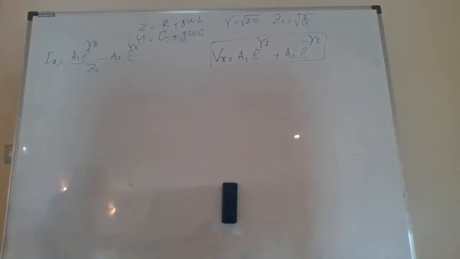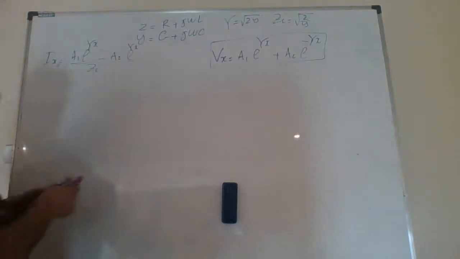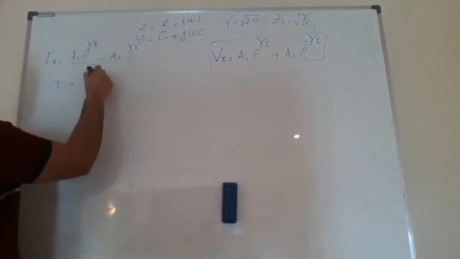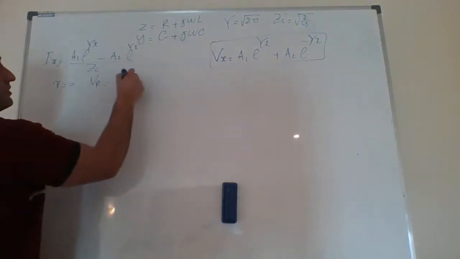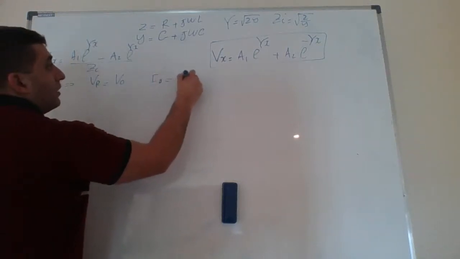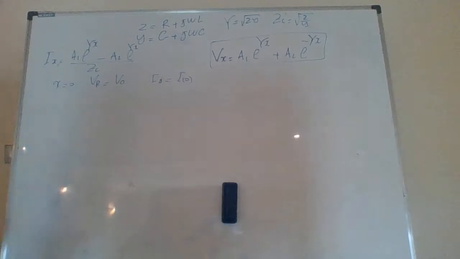So let's now do the circuit at x is 0. When x is 0, VR is equal to V0 and the current is equal to I0. That's how I determine my system.